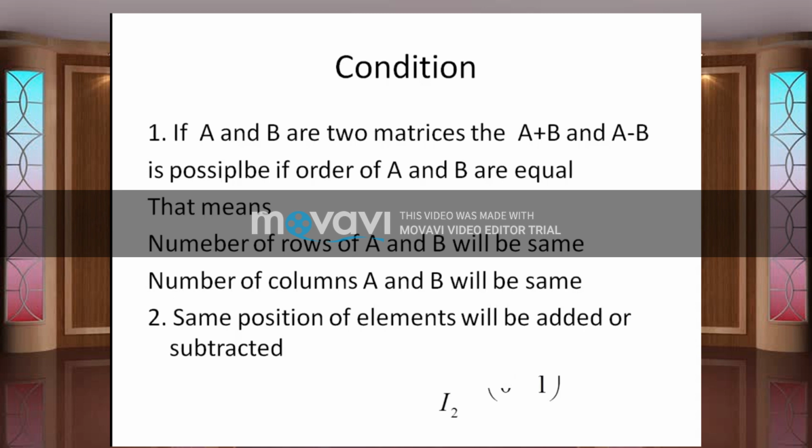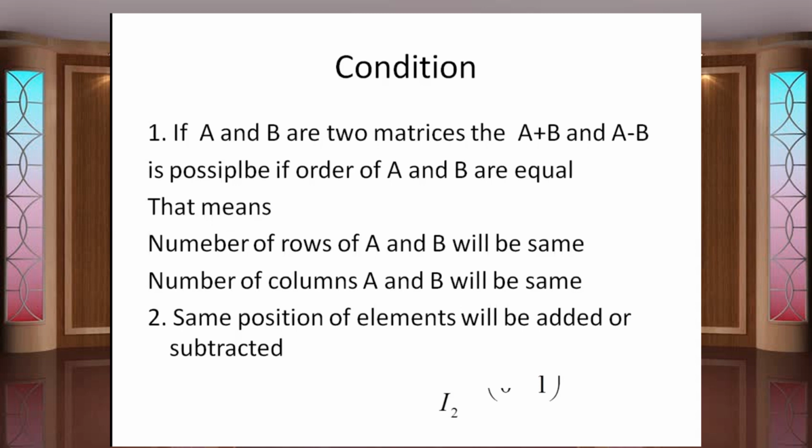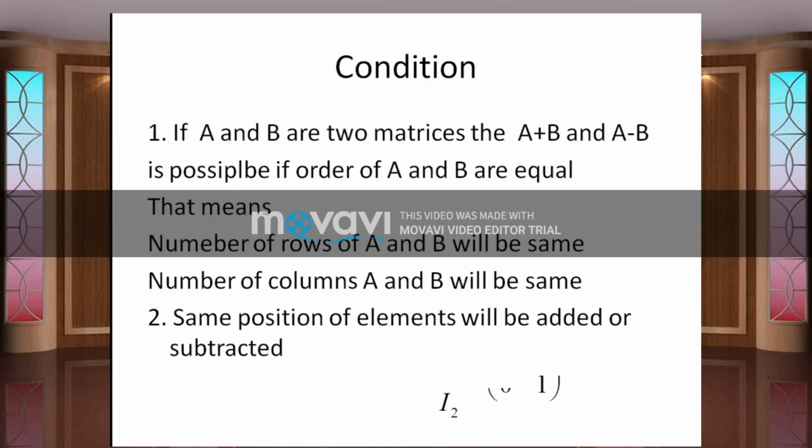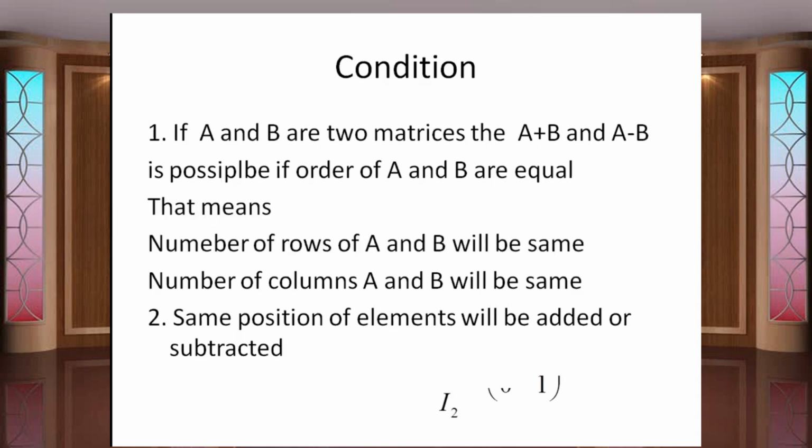That means the number of rows of A and B will be equal, and the number of columns of A and B will be equal. Listen very carefully. Then they can be added or subtracted. Another condition is that elements in the same position will be added or subtracted.